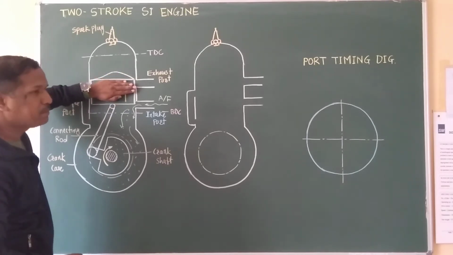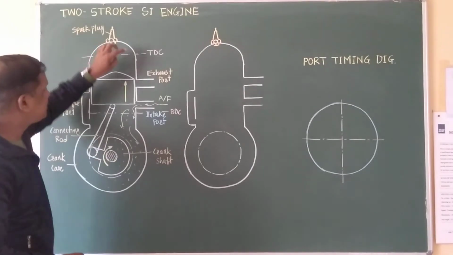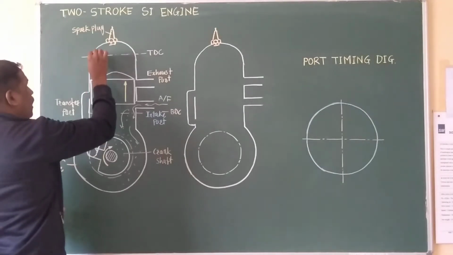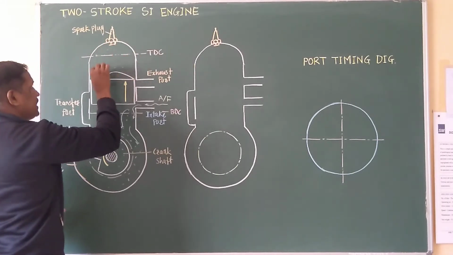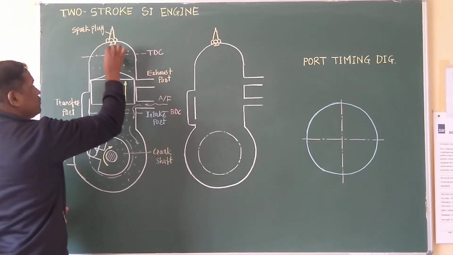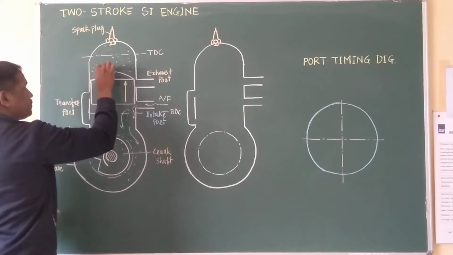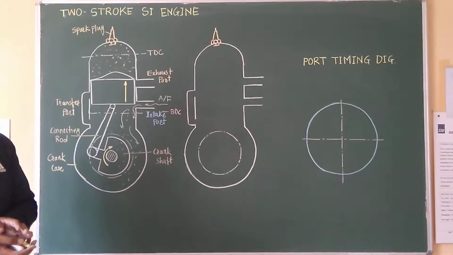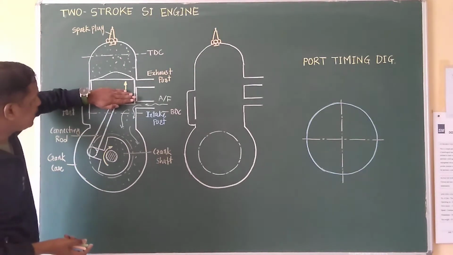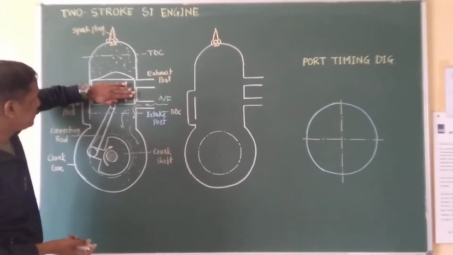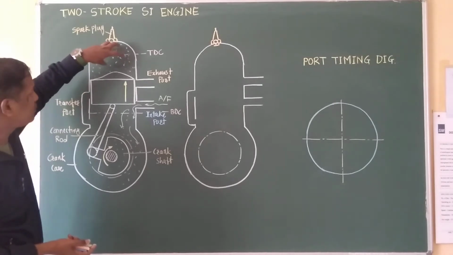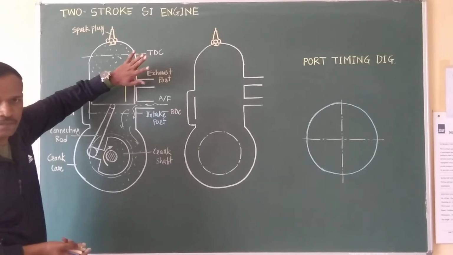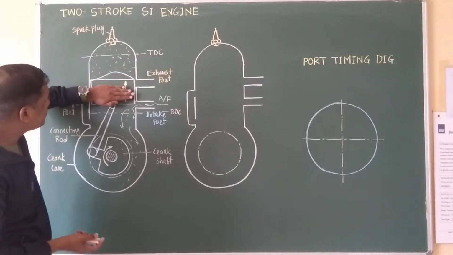Whatever charge is available on the top side of the piston from the previous cycle can escape from the exhaust port because it is not covered. But as soon as the exhaust port gets covered by the piston, whatever charge remains on the upward or top side of the piston now gets entrapped.